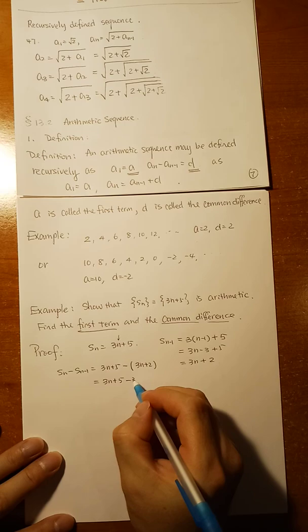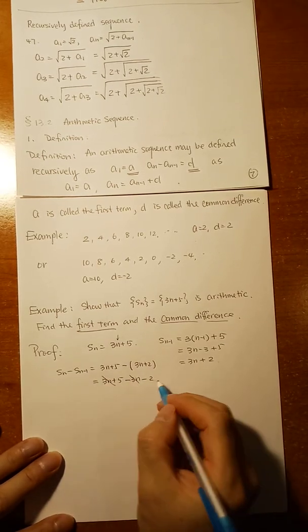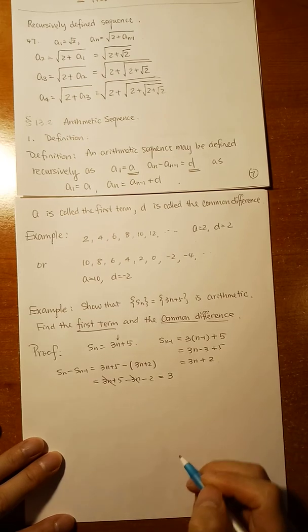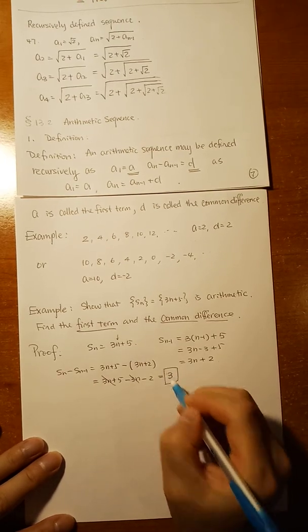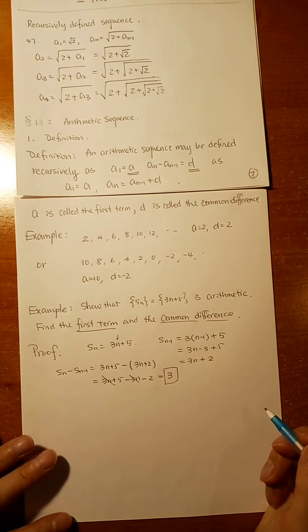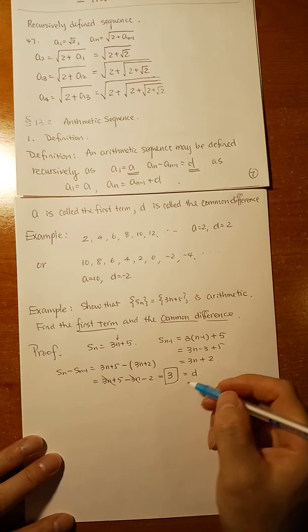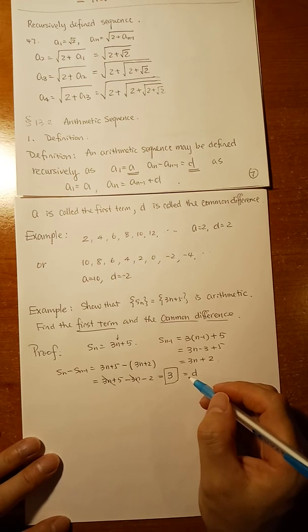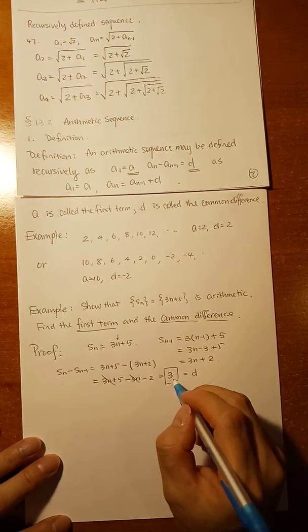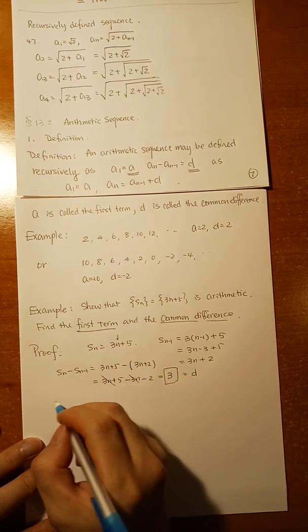So it is 3n minus 3n, and 3n cancelled. 5 minus 2 is 3. So this is a constant number. Then it means the sequence is an arithmetic sequence, and this is the common difference. The common difference is this constant difference. What is the first term? S1.